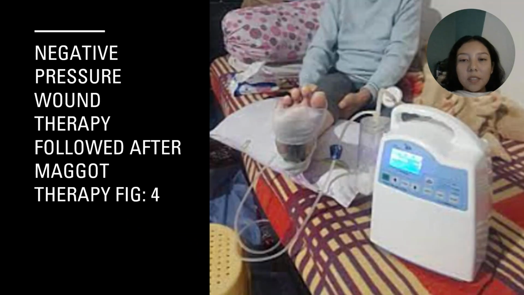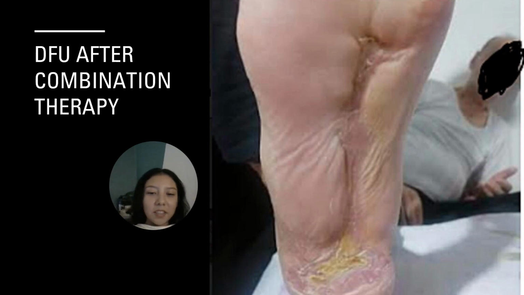The next step was negative pressure wound therapy, and it pretty much just did his foot. And okay, now let's look at the healing process. So after all the steps that he went through, you can see it actually healed up pretty nicely. So it was just showing that combination therapy is a really good approach to diabetic foot ulcer treatment.